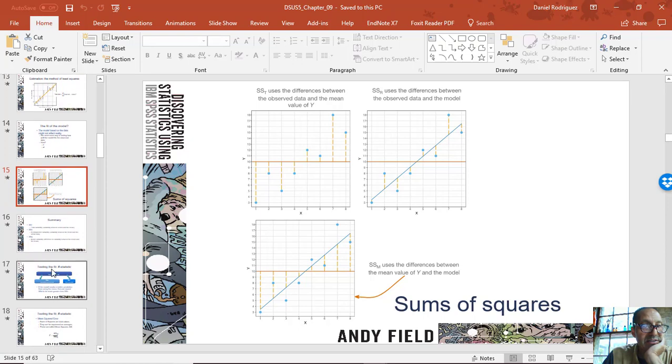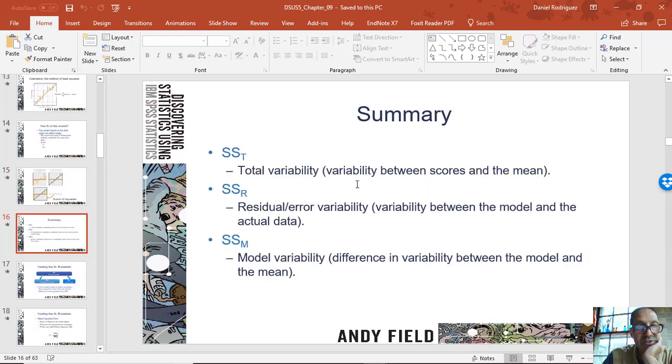So I'm going to skip ahead to these descriptions here. First of all, we always have variability in our outcome variable. As we did when we calculated variance, we subtracted the mean value from each individual value, and then we summed and squared it. That was the variability.